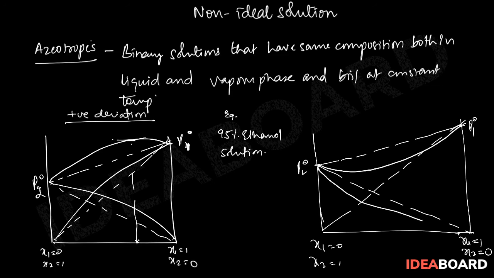Similarly here also, this is considering that only a particular solvent is present. So this is the vapor pressure of solution. Here we can mark the vapor pressure of solution.